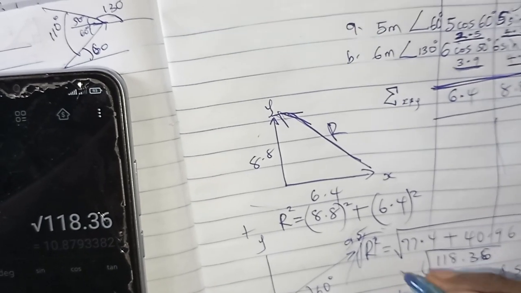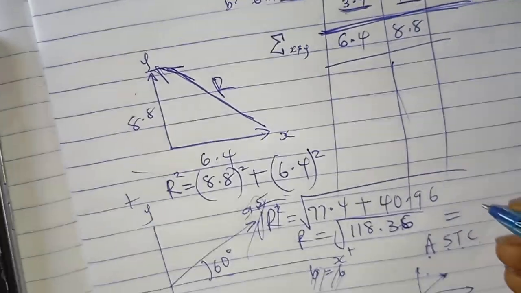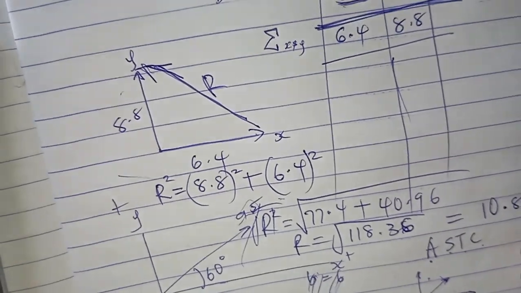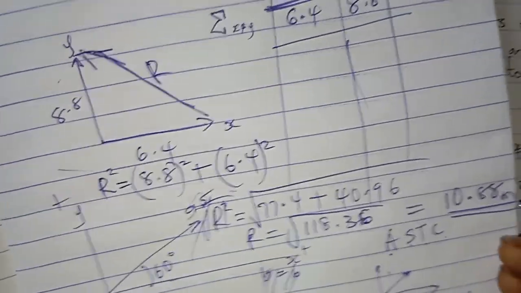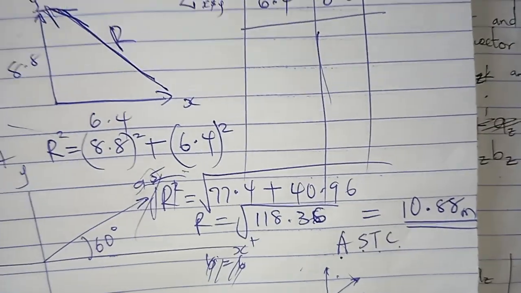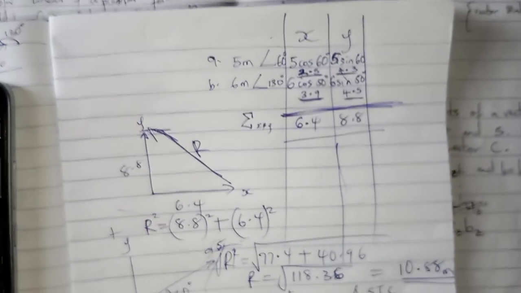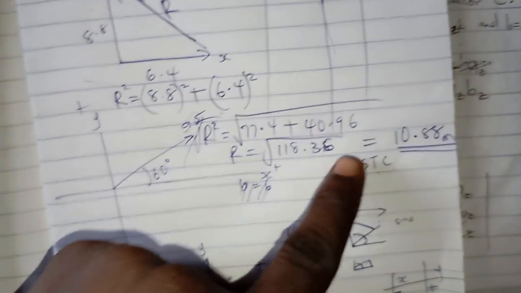It gives me r equals 10.88 as my r. And remember that this r is in meter. So it's giving me 10.88 meter as my r. So this is when you use resolution to solve it. Resolution of vector method to solve. You get 10.88 as your r.